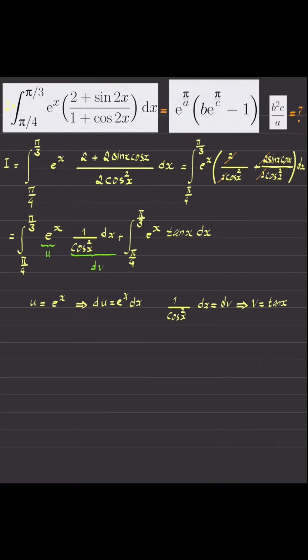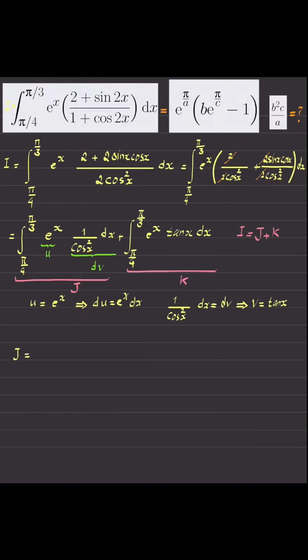So let me call this integral I, let me call this integral j because I have already used the letter I, and let me call this integral k. So now I know that the integral I that I want to calculate is just j plus k. But let us concentrate on calculating only j using integration by parts.